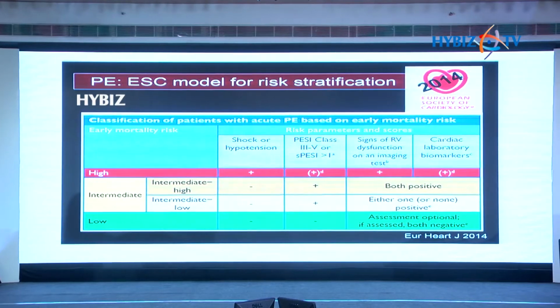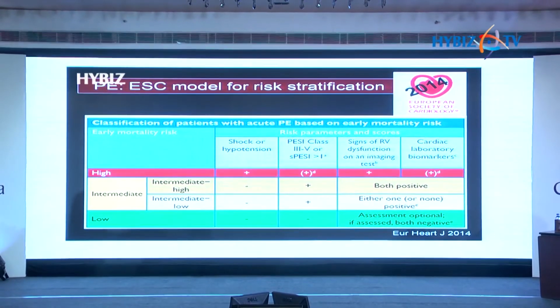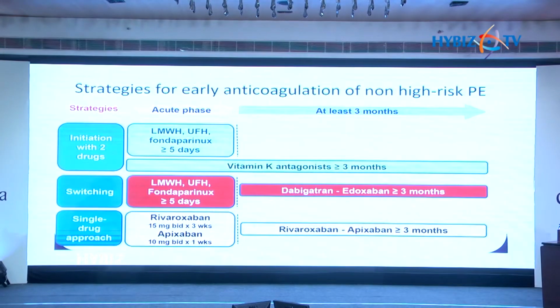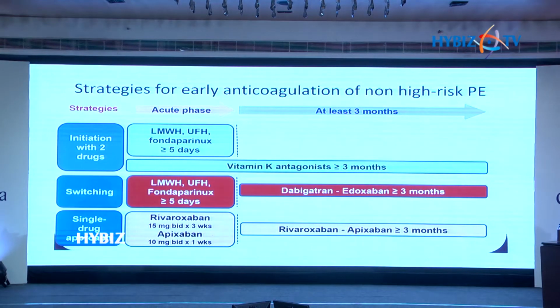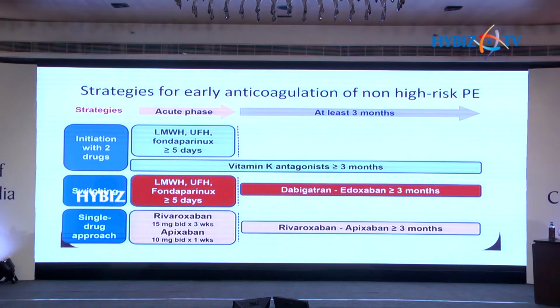So depending upon this intermediate high or low risk, the treatment is dictated accordingly. In the low risk group, we all know that the treatment is only antithrombotic treatment, and we have a variety of treatment regimens available. I don't have to go into the details, but there is no controversy about it.